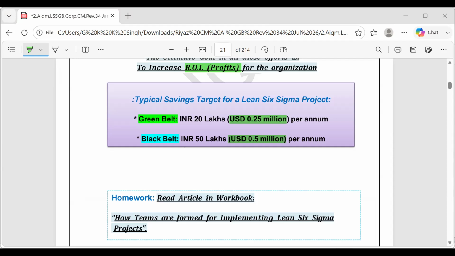So this was the team, and the savings for the project were calculated and certified by the finance. So these are the savings that they have achieved in this project.